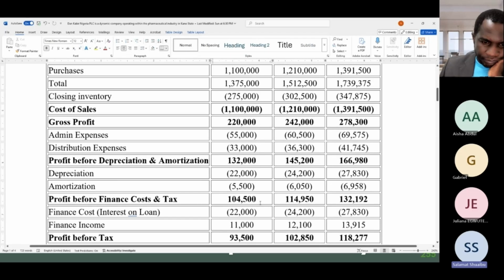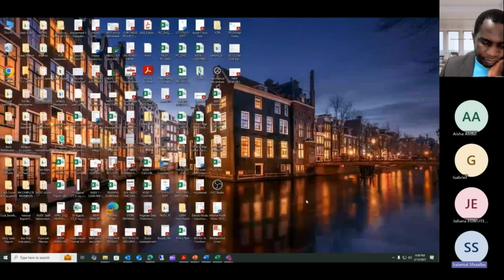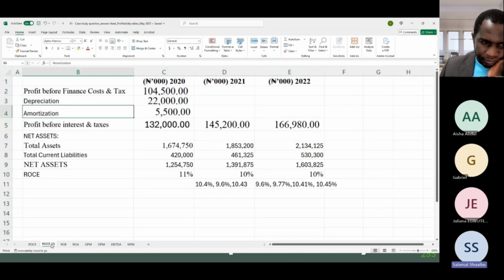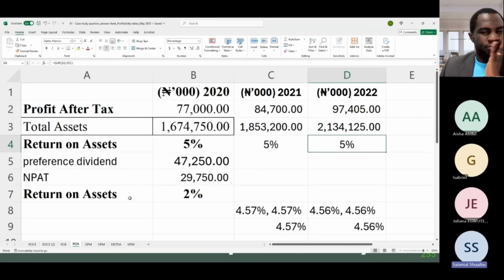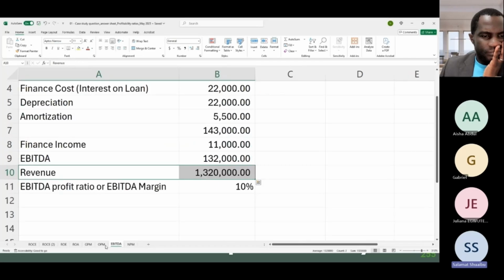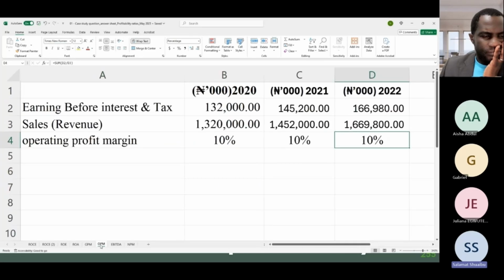Where was that one? Return on capital employed. Okay, let me even start from where we started today. Return on assets and all of that. We've already known that the net income is low because there was an increase in cost of sales. So how do we still use the same implication for all of it, in trying to interpret it?